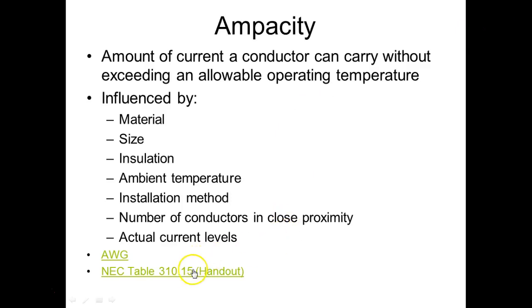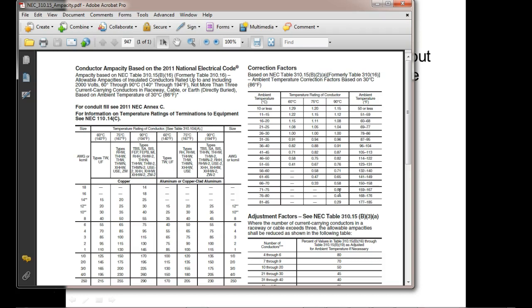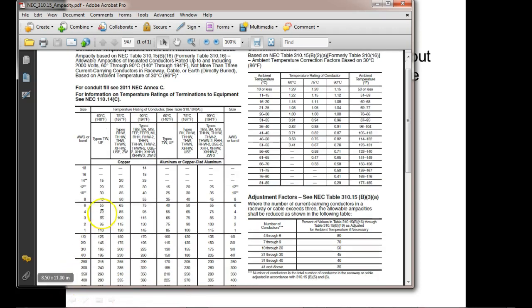The other thing that we looked at, of course, was the NEC. Now, what the NEC has done is already derated or reduced our wire gauges by certain amounts. In residential, the most popular sizes are 14, 12, and 10.